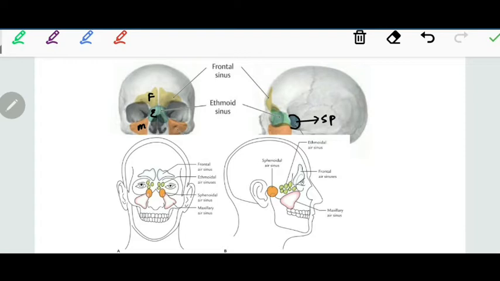All these sinuses exhibit two spurts of growth. There are two phases of life when they undergo growth. First one around 7 to 8 years, and the second one at puberty.